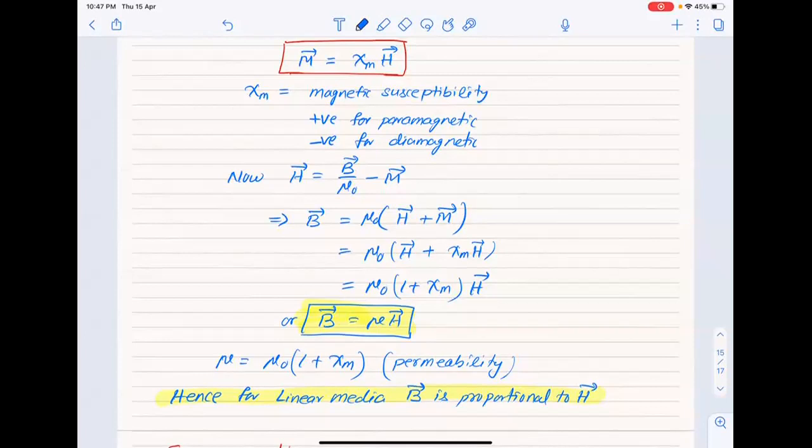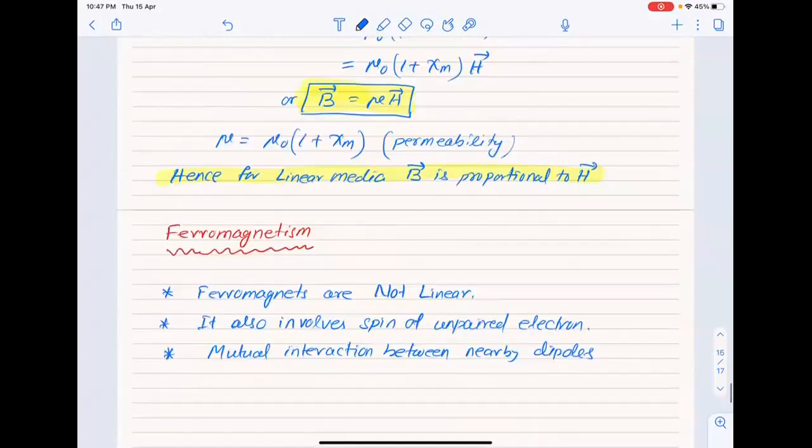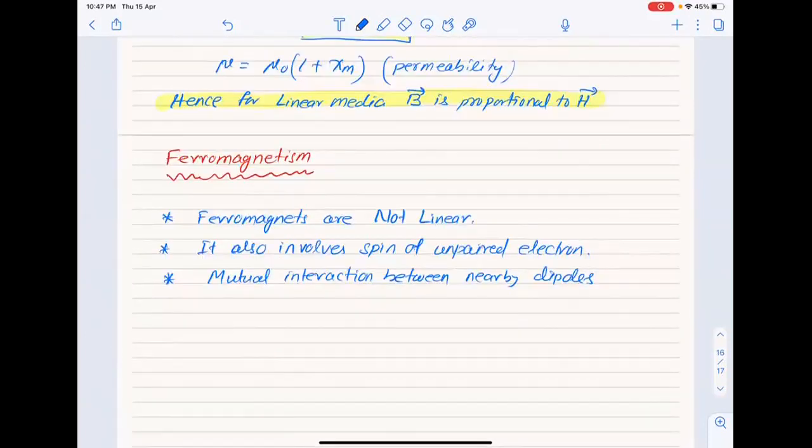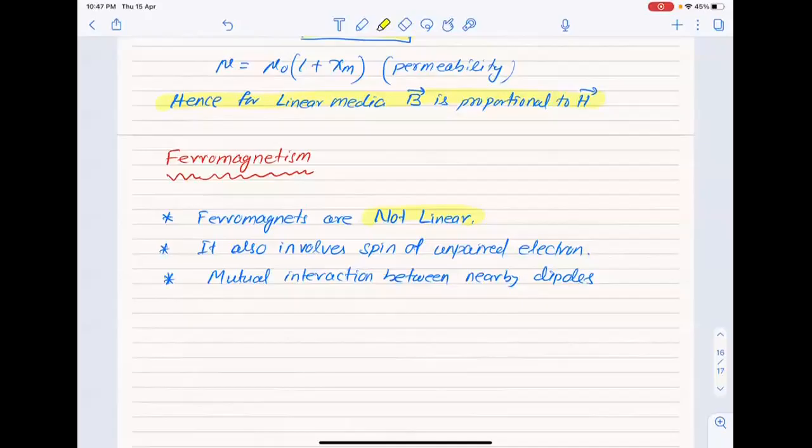We'll take an example. We'll discuss now the ferromagnetic effect, ferromagnetism. First thing, ferromagnets are not linear, so they are examples of nonlinear media. Like the case of paramagnetism, ferromagnetism also involves the spin of unpaired electrons, that you should know.